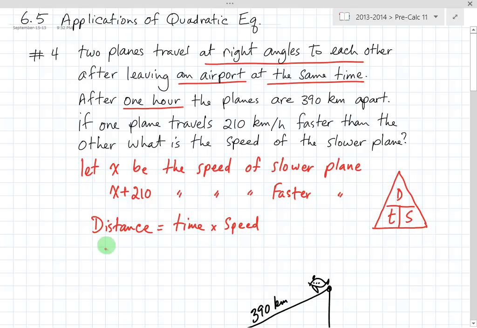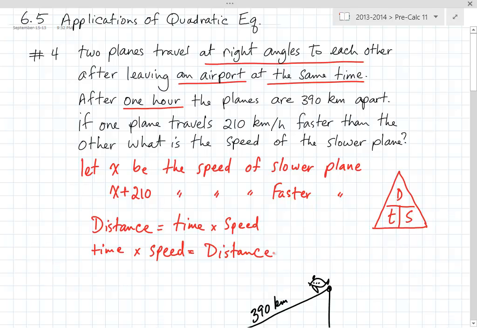Or we can write it the other way around too: time times speed is equal to the distance. Let me write it that way.